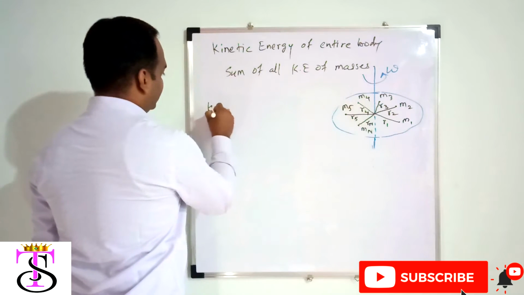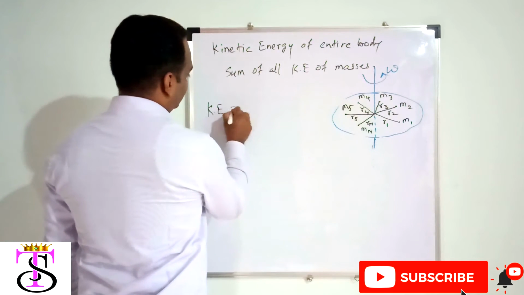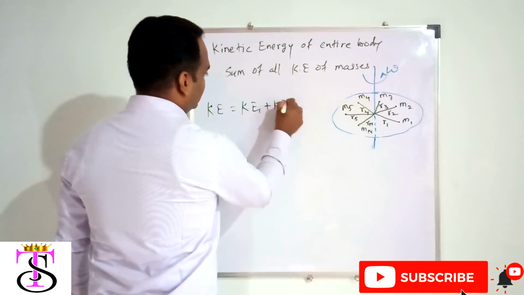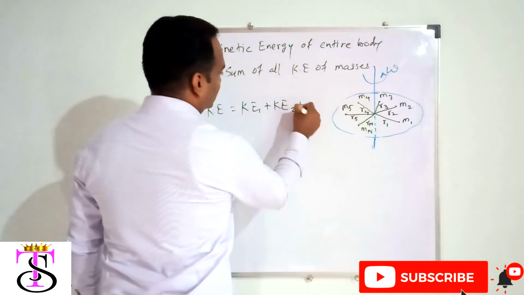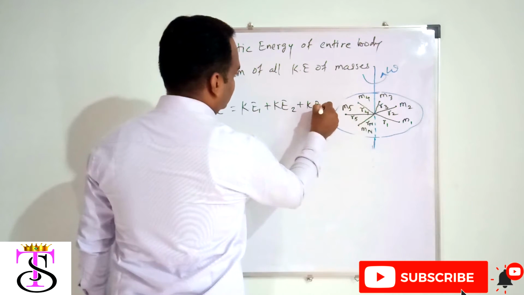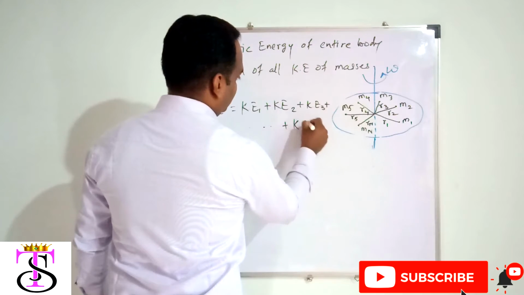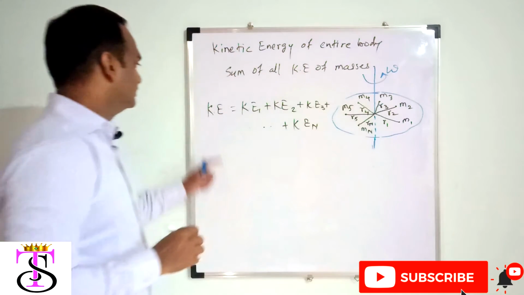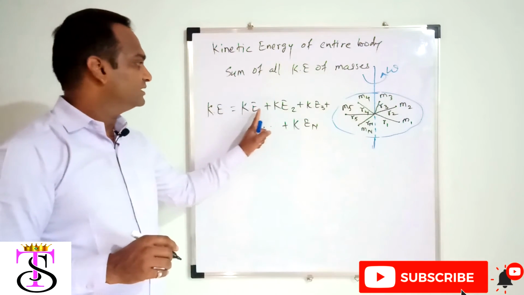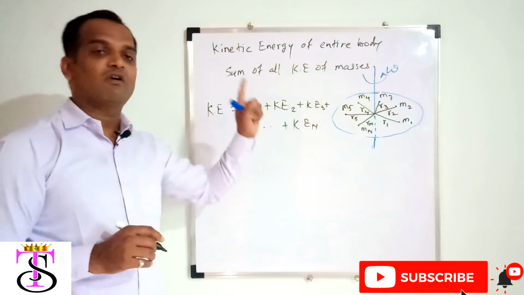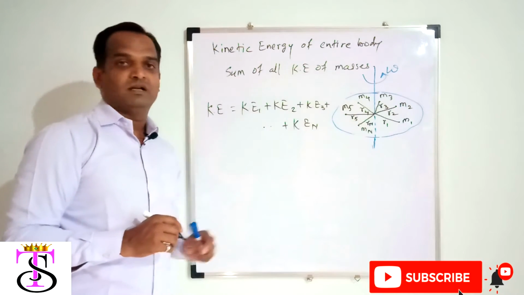So the kinetic energy of the body is equal to KE1 plus KE2 plus KE3 plus up to KEn. So the kinetic energy of the entire body is the summation of all the kinetic energies of all the masses on that body.